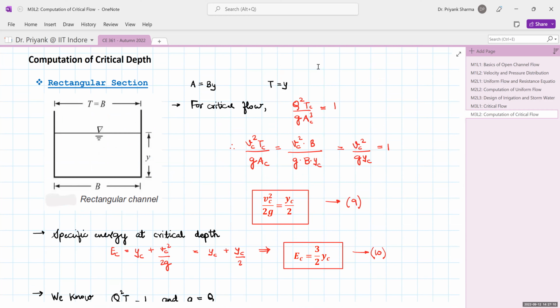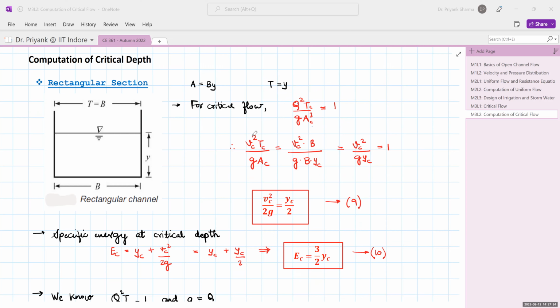As we did for uniform flow, the normal depth, let us take a rectangular section. The area is b into y and your top width is b. Since in that case we were using Manning's equation, here we'll use the critical flow governing equation, Q square T upon g A cube is equal to 1.